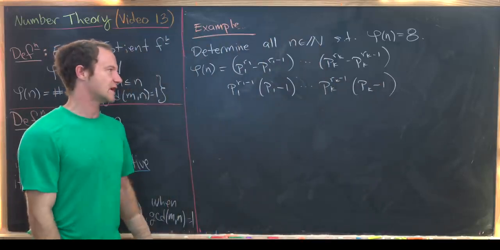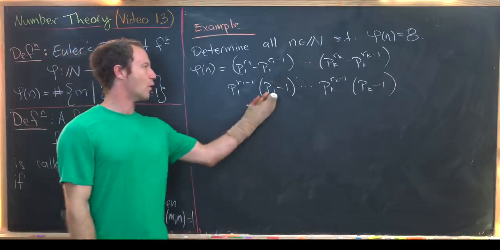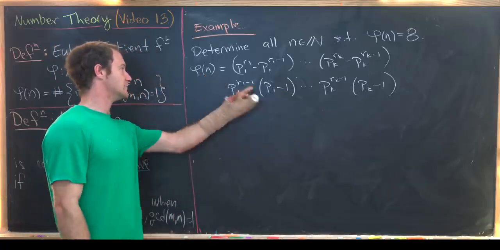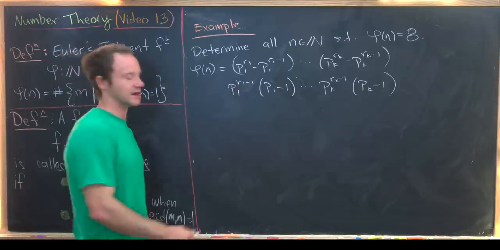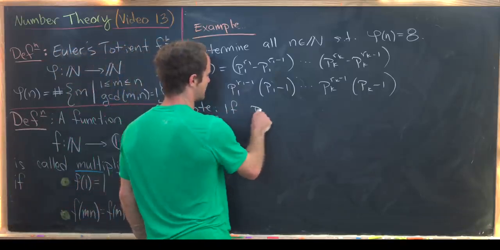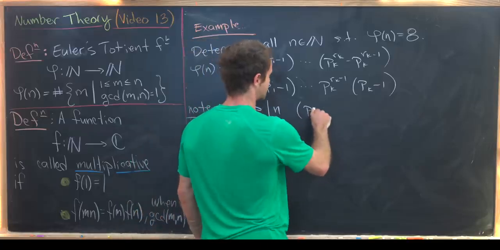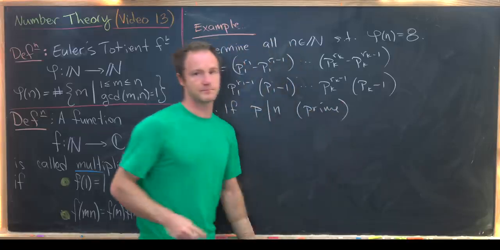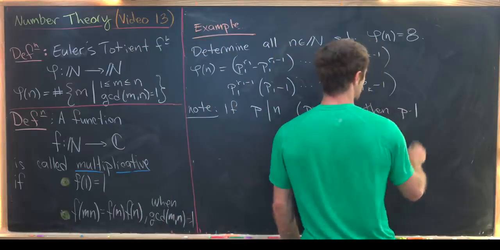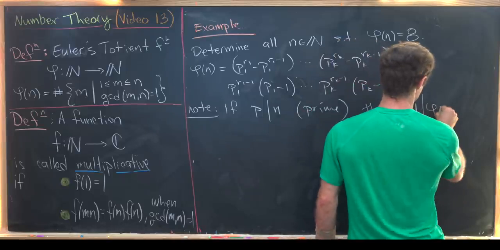The important takeaway here is that 1 less than all of the primes dividing n must divide phi of n. So maybe we'll put that as a note: if p divides n, and I should say p is a prime, then p minus 1 divides phi of n.